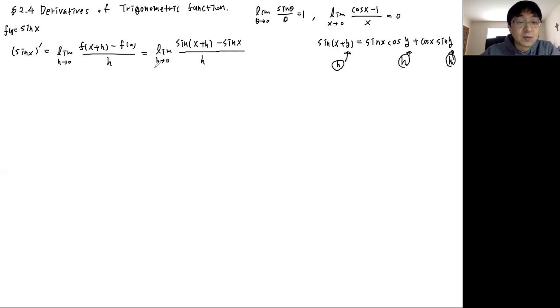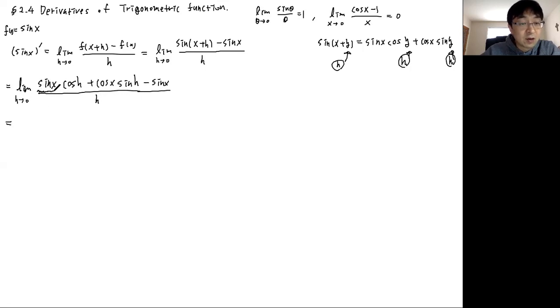So sine of x plus h is like this. We have the limit as h approaches 0 of sine of x times cosine of h plus cosine of x times sine of h, minus sine of x, over h. Next, you have to combine.